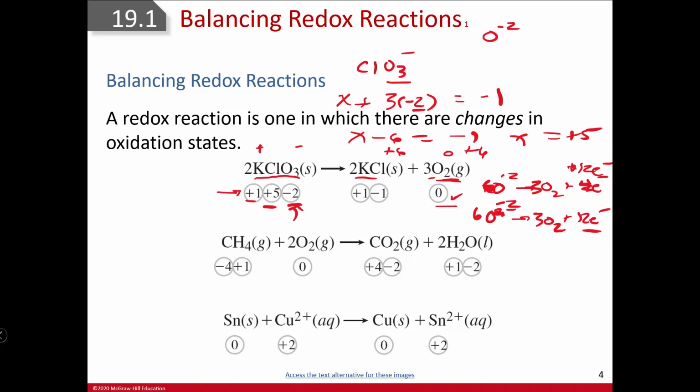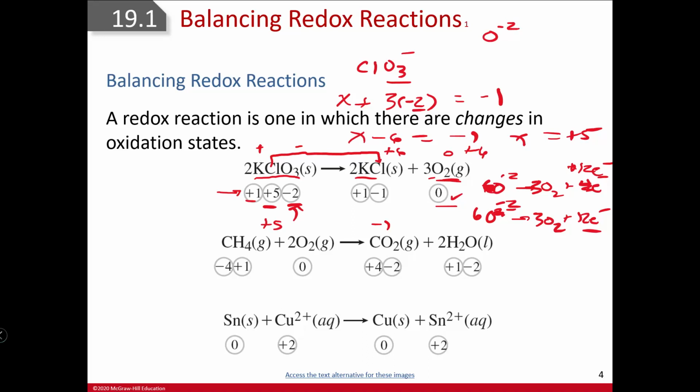All right, and so the other thing we see is chlorine. If you have a redox reaction, one thing must gain electrons, the other thing must lose electrons. So chlorine goes from a +5 oxidation state to a -1, so that's a gain of 6 electrons.